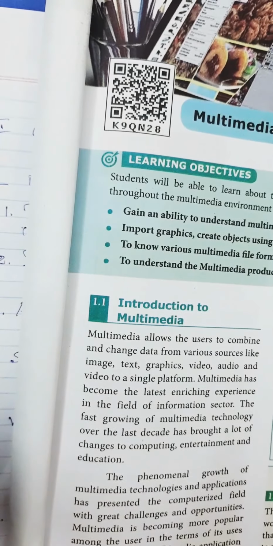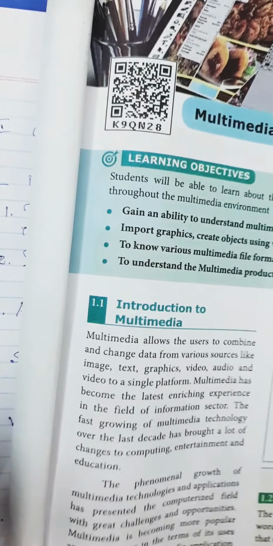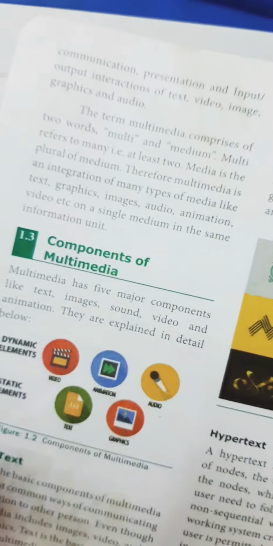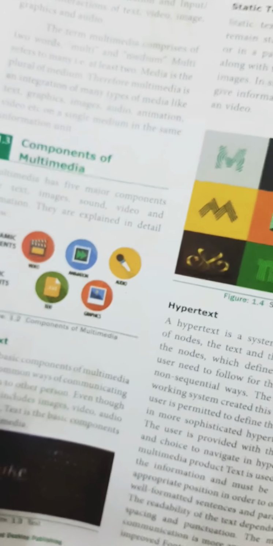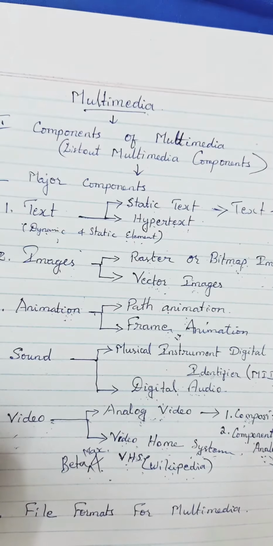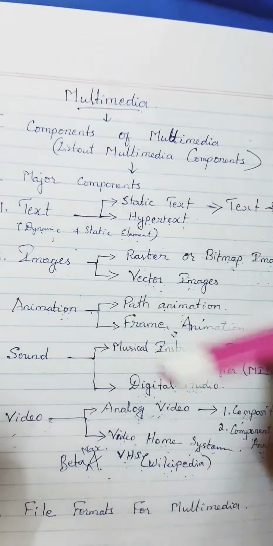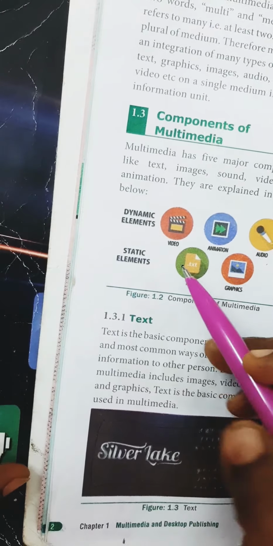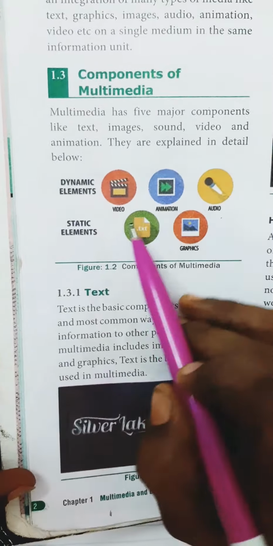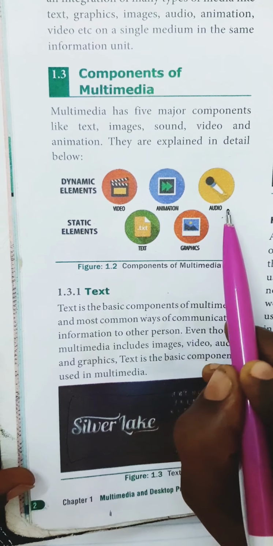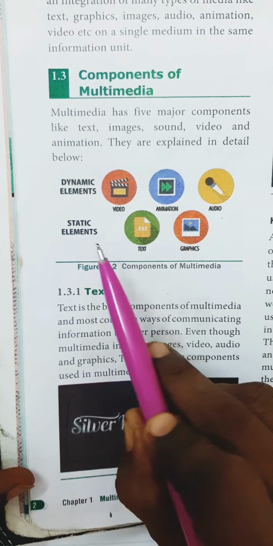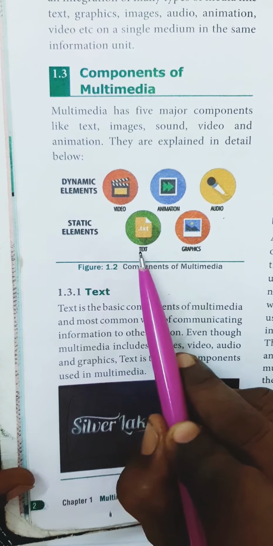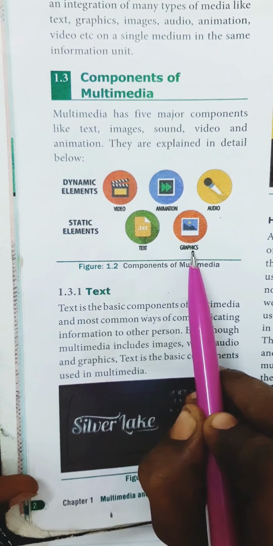First chapter, you all took the Xerox, I think. In that chapter you can see the static elements and the dynamic elements with pictures. The dynamic element is nothing else, video, animation and audio. Static element is text and graphic.